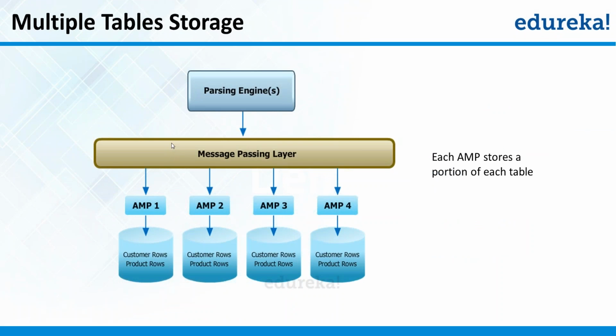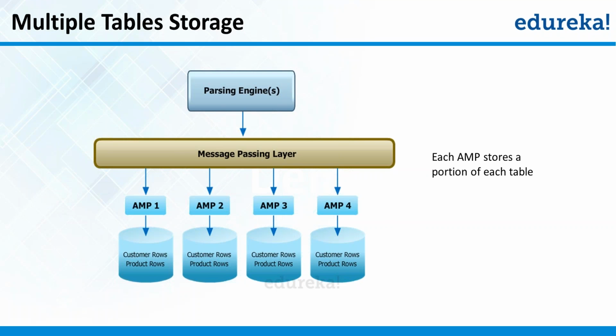Okay, so all of these disks, which are called vdisks, store all of the tables uniformly. If I have 10 tables in a database, each table will have a footprint on each of the vdisks.